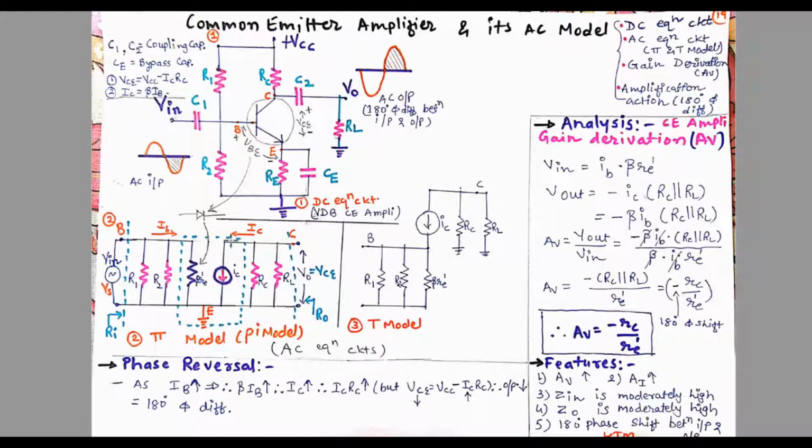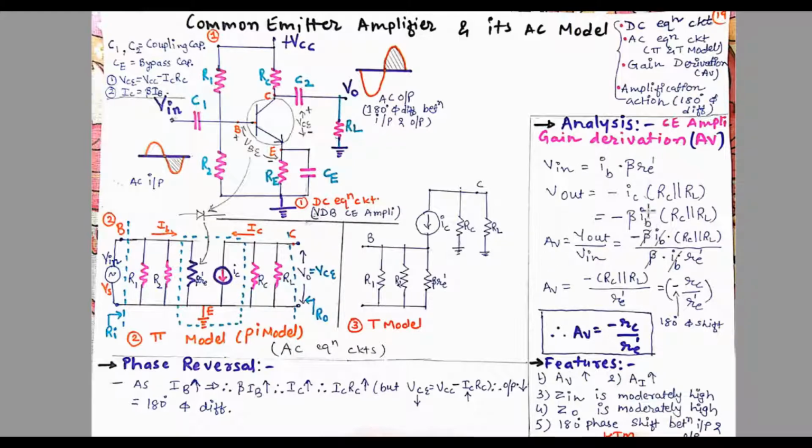That is IC into RC parallel RL. The minus term indicates 180-degree phase difference between input and output. Input is plus and output is minus, which shows the 180-degree phase difference between input and output.